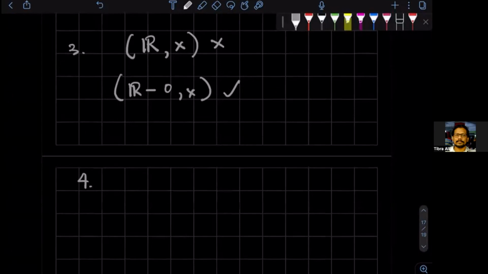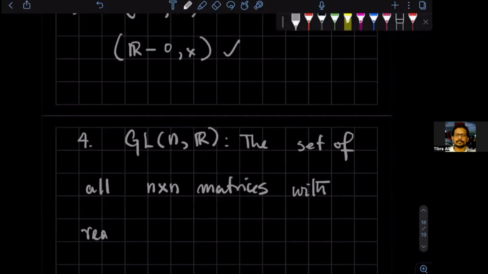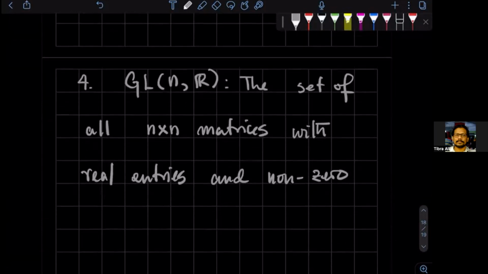So this is a group which is defined in terms of matrices. So this group is called GLnR. And it consists of the set of all n by n matrices with real entries and non-zero determinant, okay?